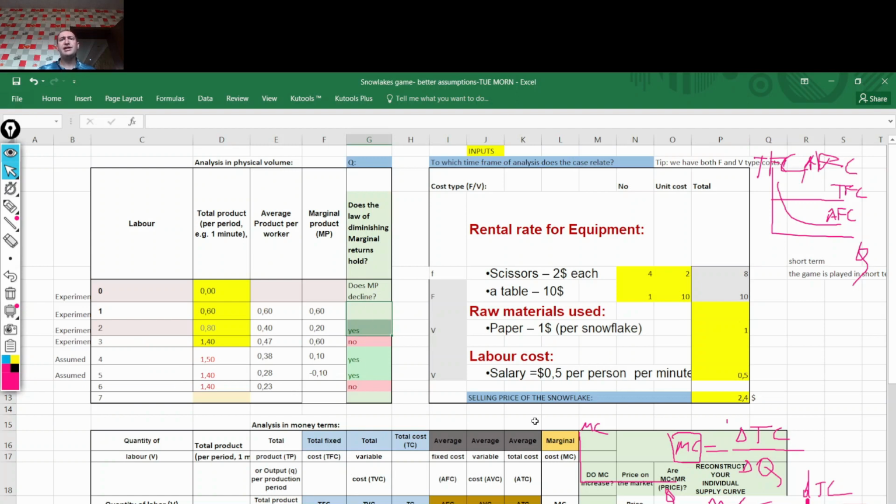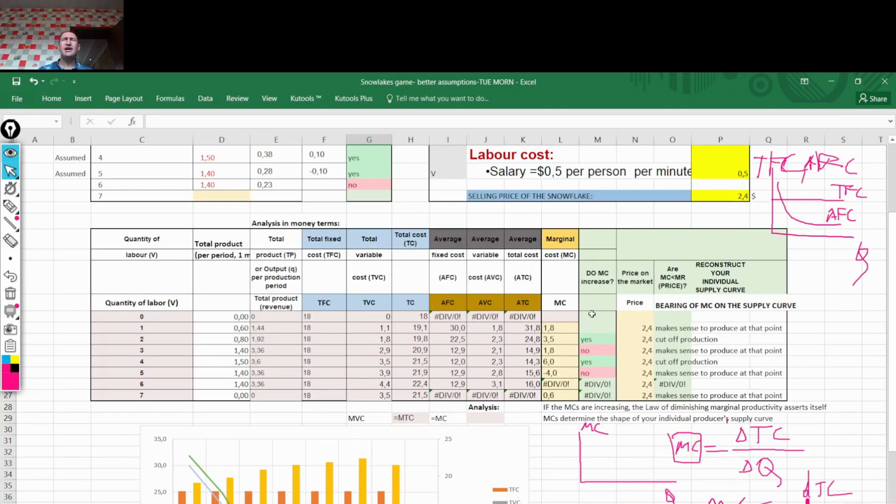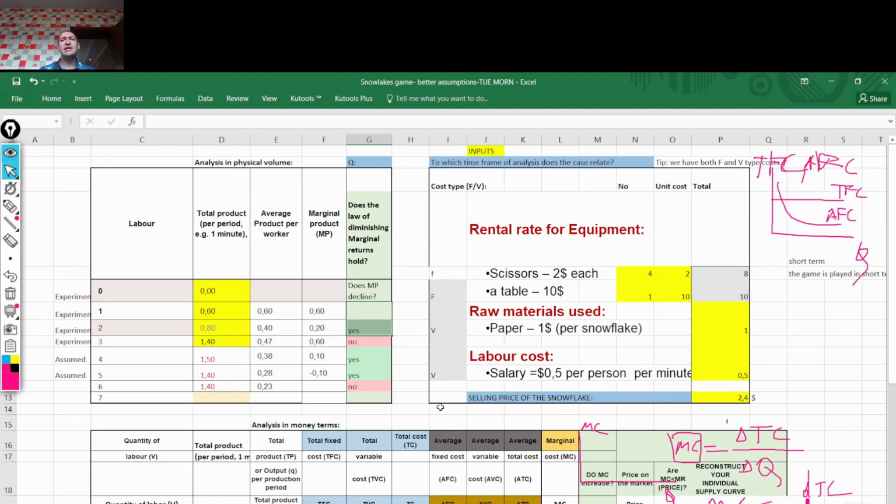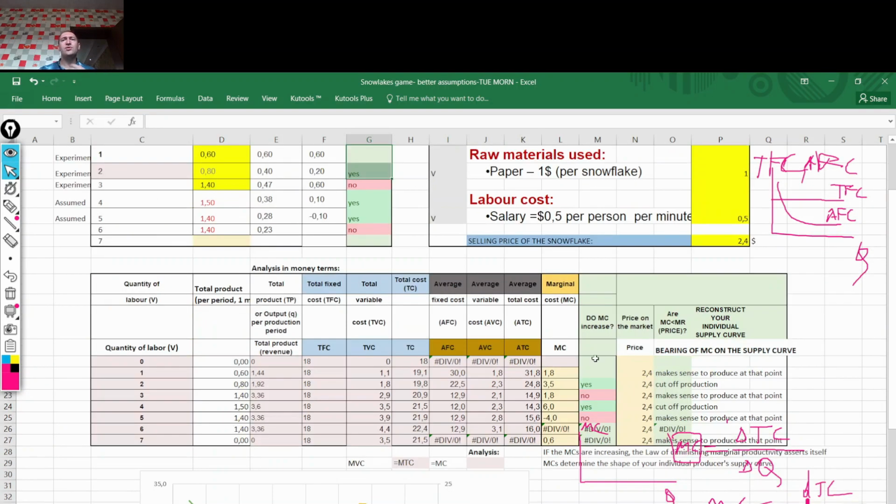Decreasing here, increasing here. These are the two sides of the same coin. One way to understand the law of diminishing marginal returns is to consider that the marginal product is declining, but another way is to consider that the marginal cost of production should keep increasing. The two sides of the same coin, I'm repeating.